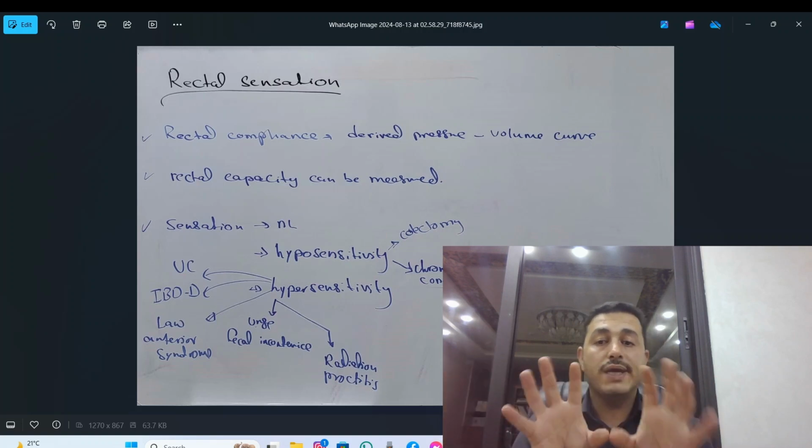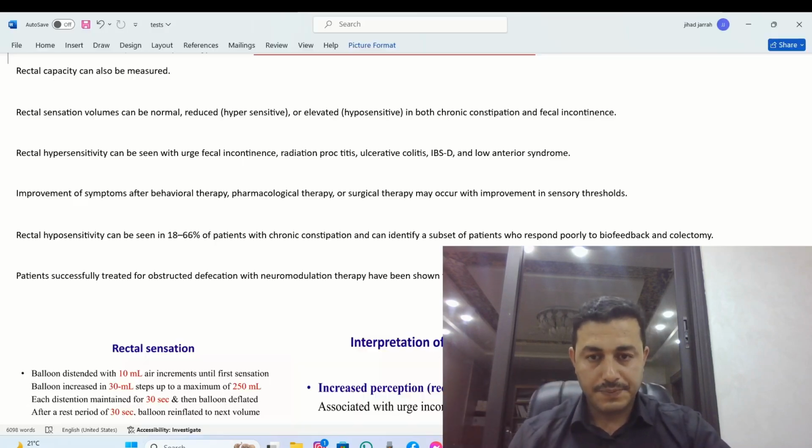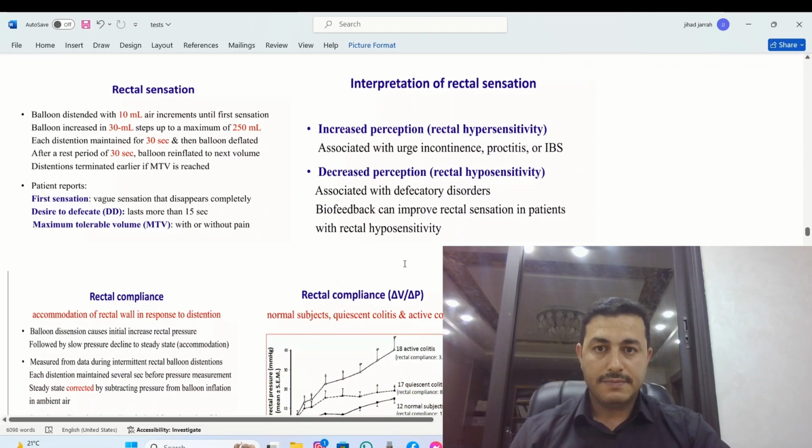When he comes back, we can use anal manometry and rectal sensation and accommodation and compliance to check if we have a good result after biofeedback. Again, this is what we talked about.